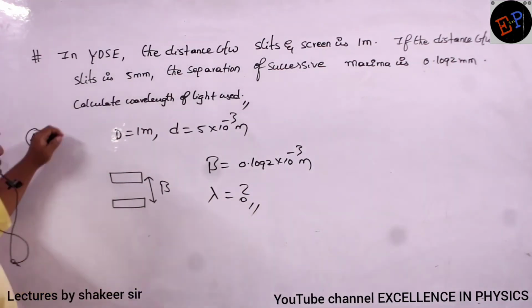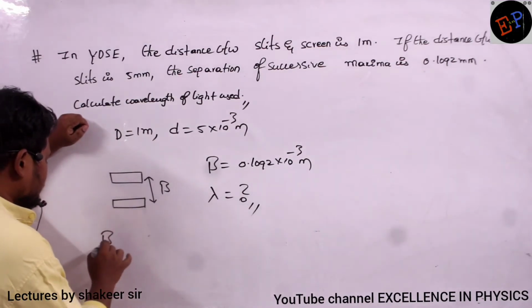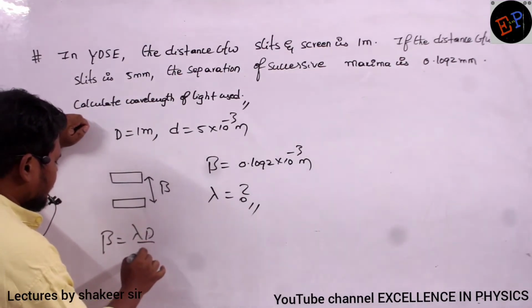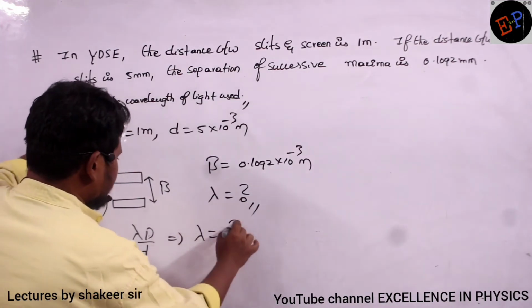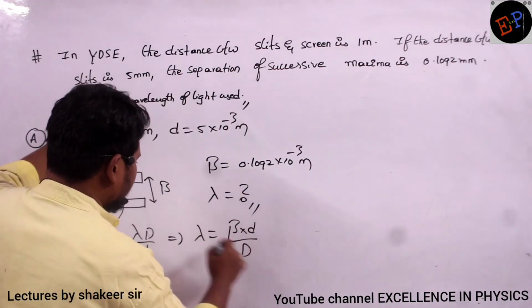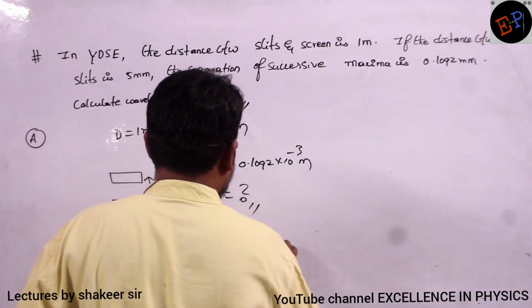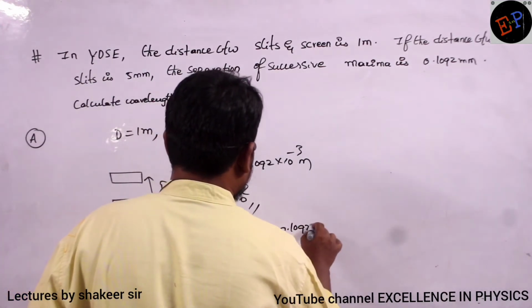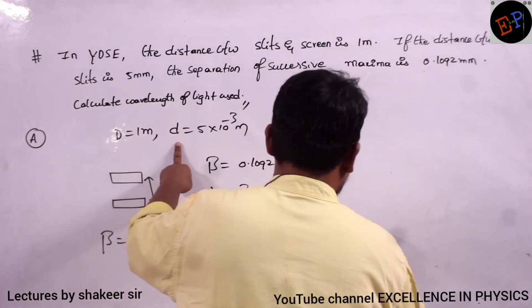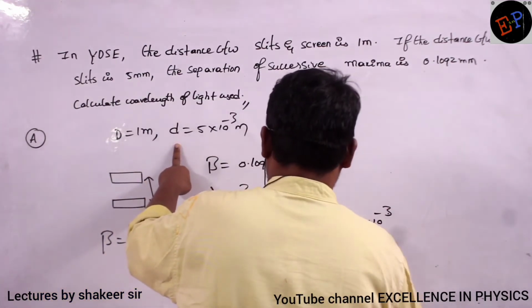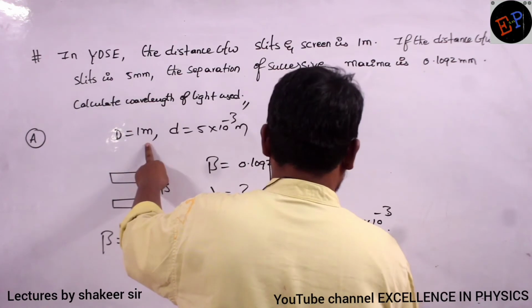So it is just direct substitution in the equation. Beta is equal to lambda D by d, so lambda is equal to beta into small d divided by capital D. Beta is 0.1092 into 10 power minus 3, multiplied by d which is 5 into 10 power minus 3, divided by capital D which is 1 meter.